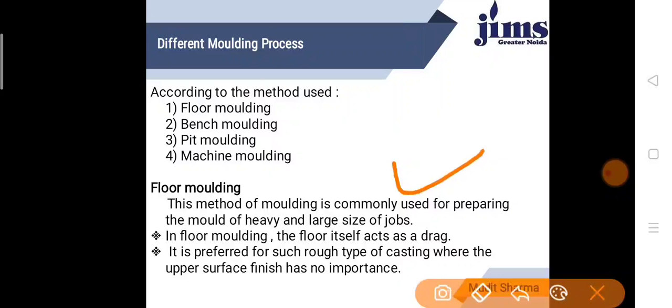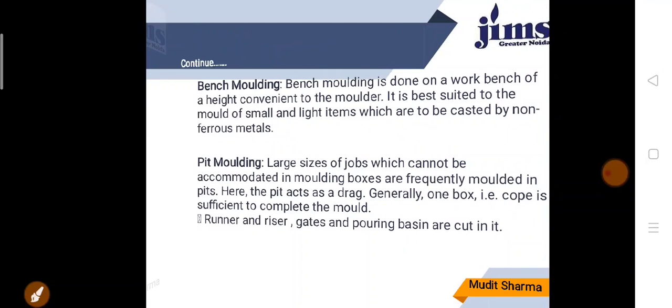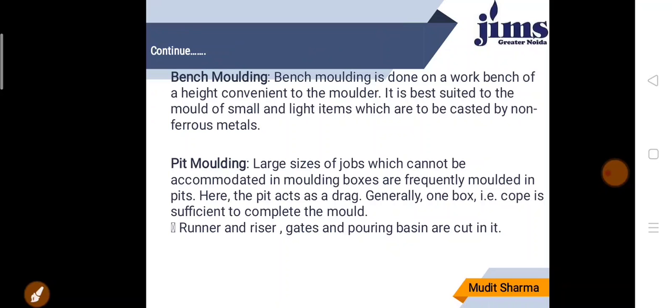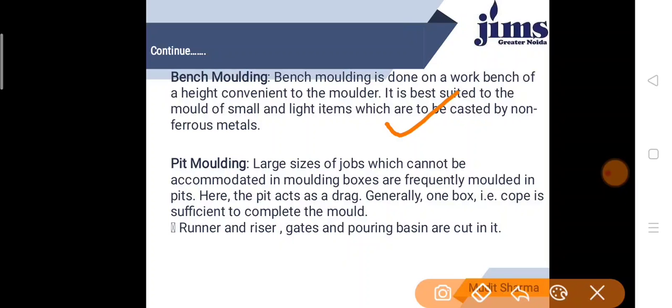Now next is bench molding. What is bench molding? Molding is carried out on a bench, so it is suitable for small and light molds. It is best suited for non-ferrous castings in green sand molds, although ferrous castings are also produced through this method. Next is pit molding.